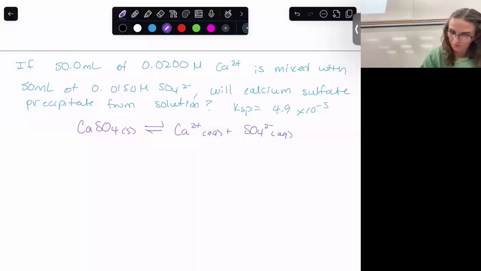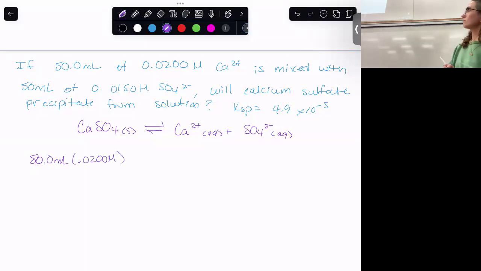We have 50 milliliters of 0.02 molar calcium, and we're adding that to 50 milliliters of the sulfate ion. So what is our total volume after we combine them? 100 milliliters. Do you know what our final concentration of calcium is?